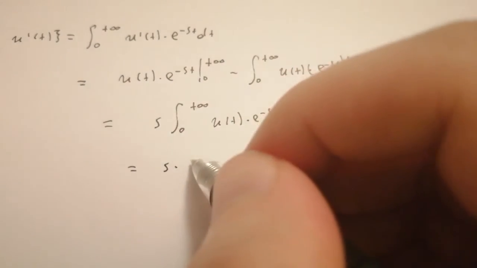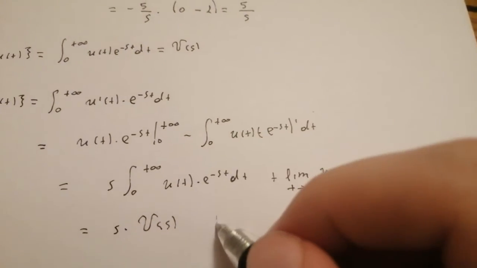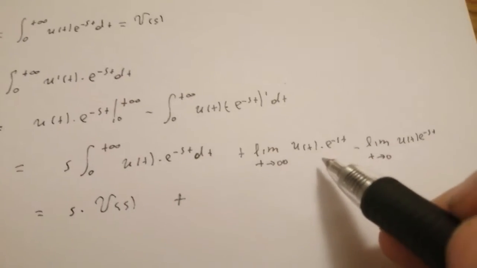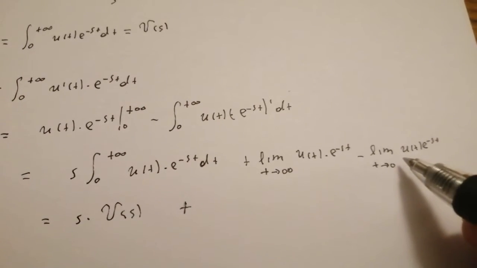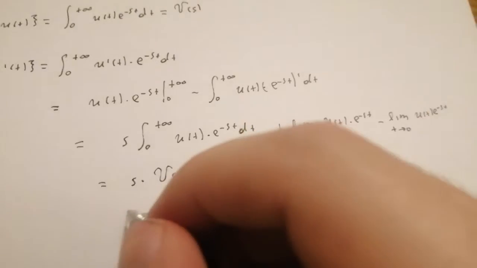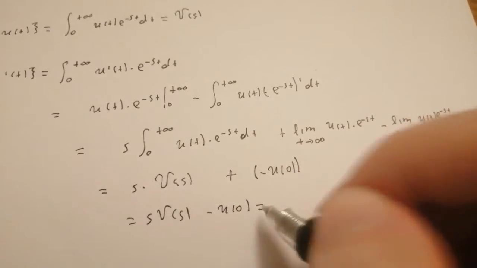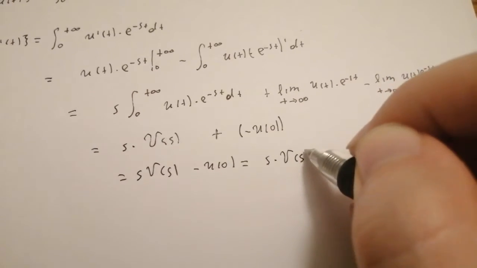This is just s times capital U of s, plus a term that goes to 0 as t grows to infinity, and this term is minus u of 0. So it's s times capital U of s minus u of 0. The u of 0 from my initial data is equal to 0. So in the end I just have s times U of s.